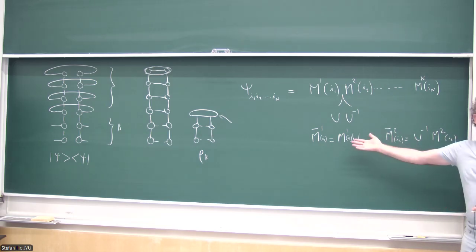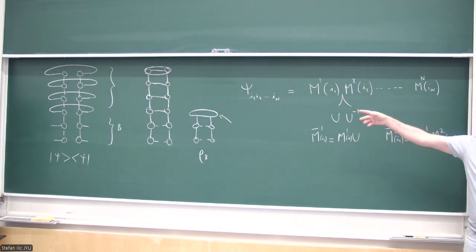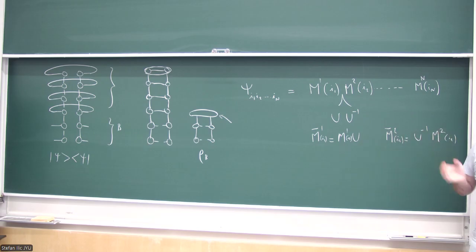It's the same left-hand side, but different matrices. So you don't have a unique way to choose your matrices. This is called gauge freedom, in analogy with electromagnetism, where you also have different vector potentials that correspond to the same electric or magnetic field.